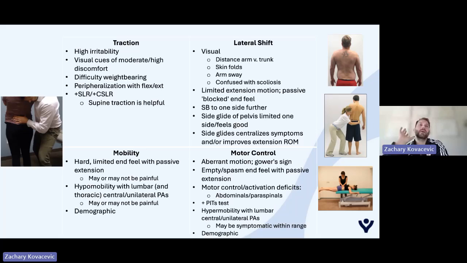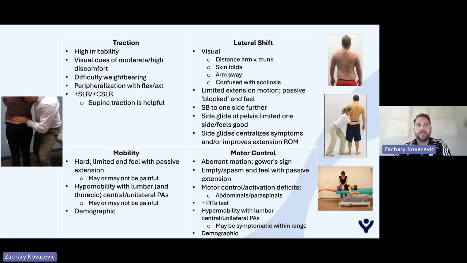When they extend, they're going to bias the left side. In those with lateral shift, you're going to see them flex and extend remaining on that one side. So it's an easy way, amongst others, to differentiate scoliosis versus lateral shifts. And both of these can be present too in the same condition, making it a little bit more difficult to tease that out and treat, but nonetheless, doable.